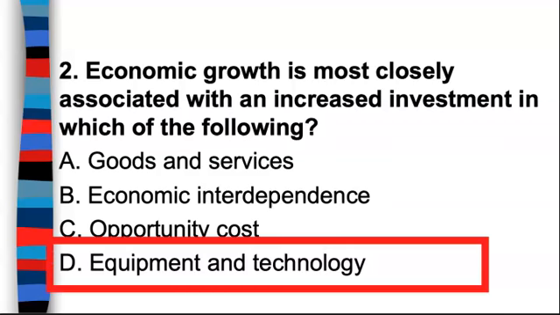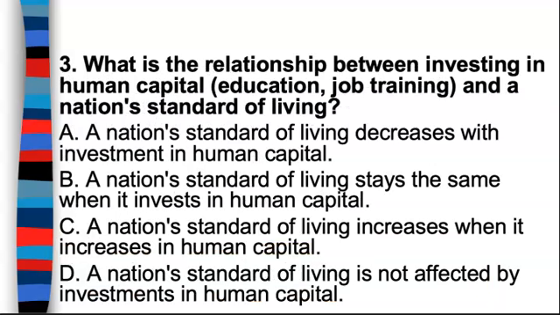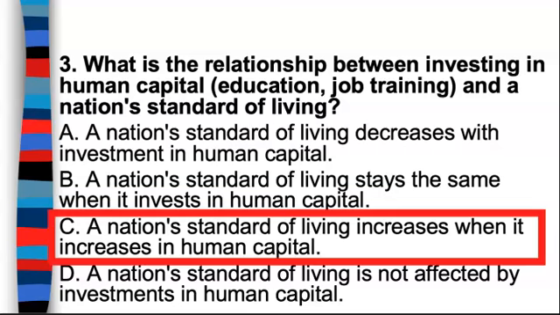For this one, you should have chosen D, equipment and technology. Our third practice question. What is the relationship between investing in human capital, such as education and job training, and a nation's standard of living? For this one, you should have selected C. A nation's standard of living increases when it increases in human capital.